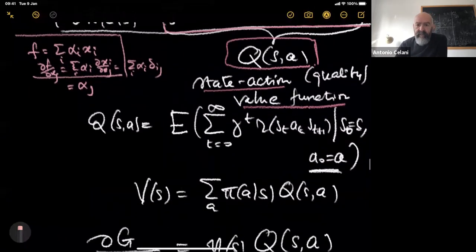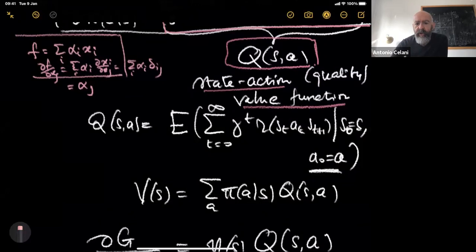And its connection with the value function is that, since this is what I expect to get if I start from state S and take action A, if I average over my policy, that is over all the actions that I can take, then I get my expected return from state S. So these things are intimately connected.